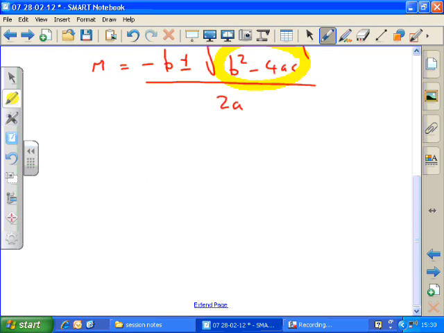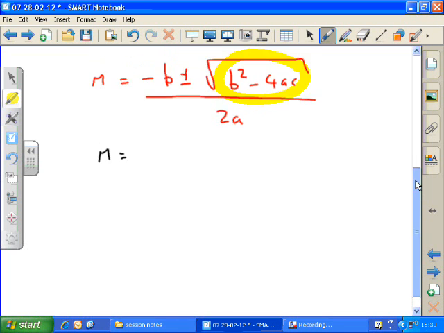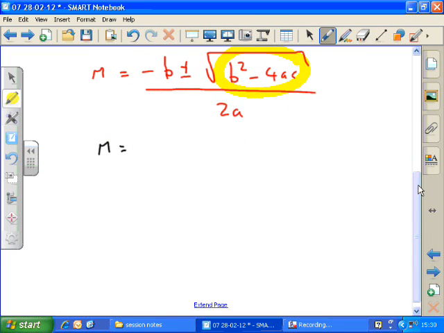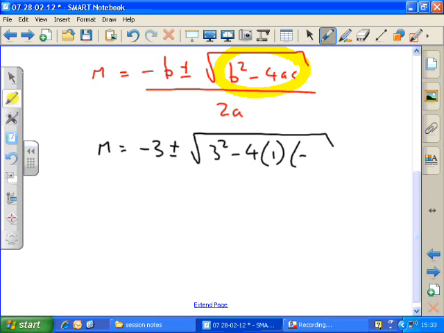Anyway, let's have a look. So if we put in the values, m equals minus b, b is 3, plus or minus the square root of b squared minus 4 times a, which is 1, times c, which is minus 2, all over 2.